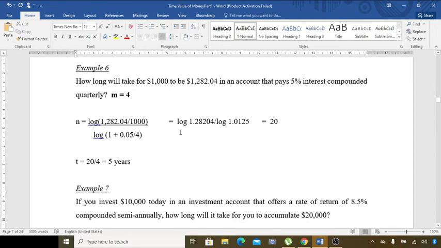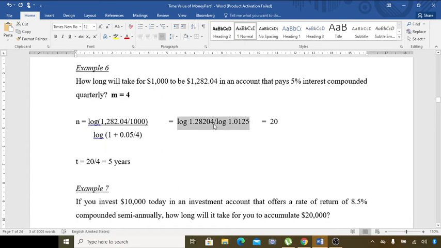That's why we are logging them. So N becomes 20, after you do this operation, log 1,282.04 divided by log 1.0125. Remember, if you are still not comfortable using your scientific calculator, you can check the manual or check the YouTube to look at how to do this log operation.